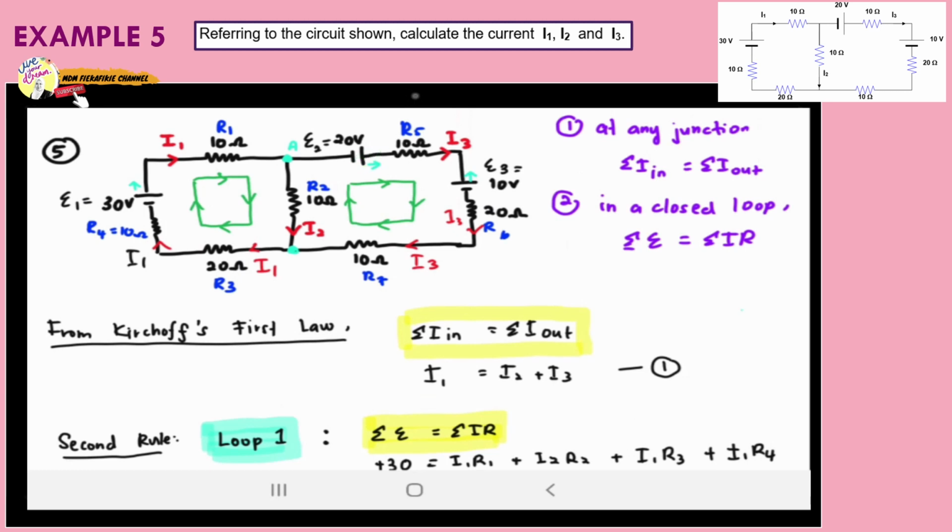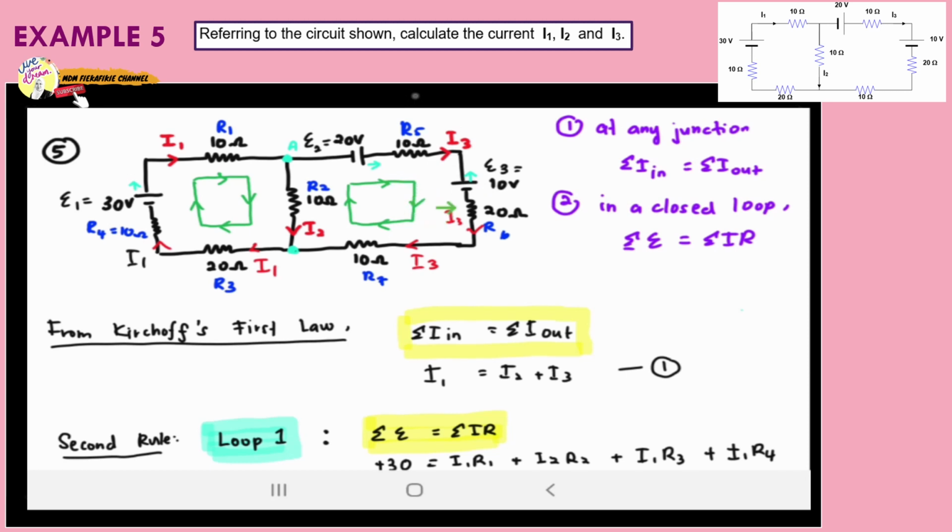We have two EMFs, so we need to total up these two EMFs. For E2, the direction of the small arrow here is the same direction as the loop, so it's positive 20. Refer to this one: the flow of current from EMF 3 should be upward, right?